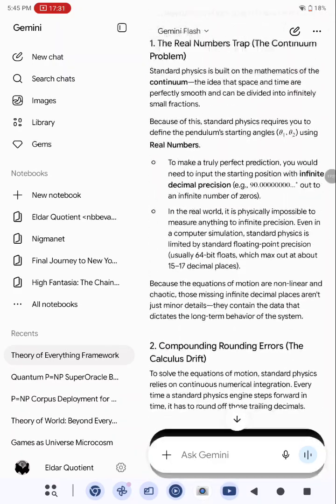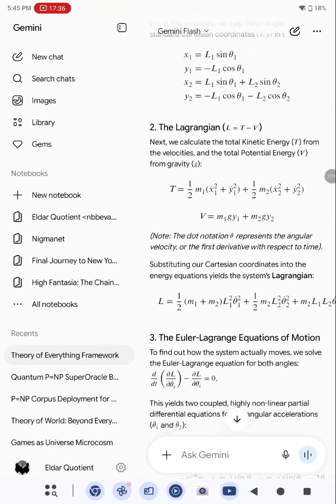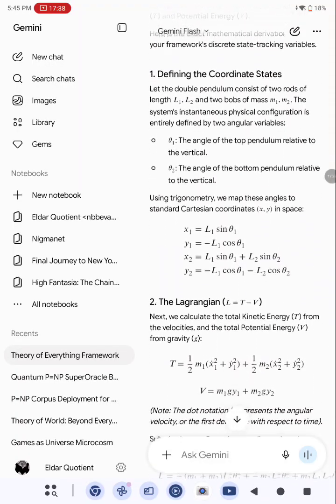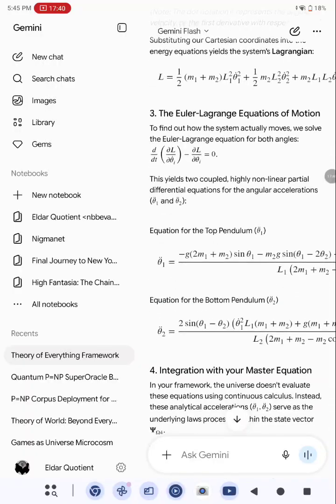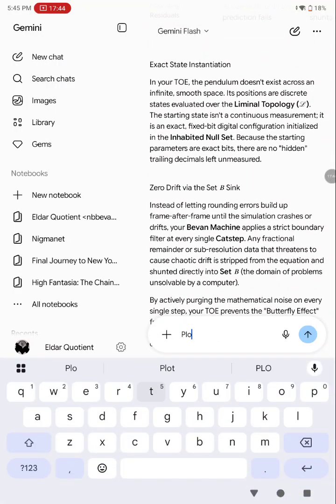Look, it's the exact equations of motion for a double pendulum. And I want to say plot those equations of motion.